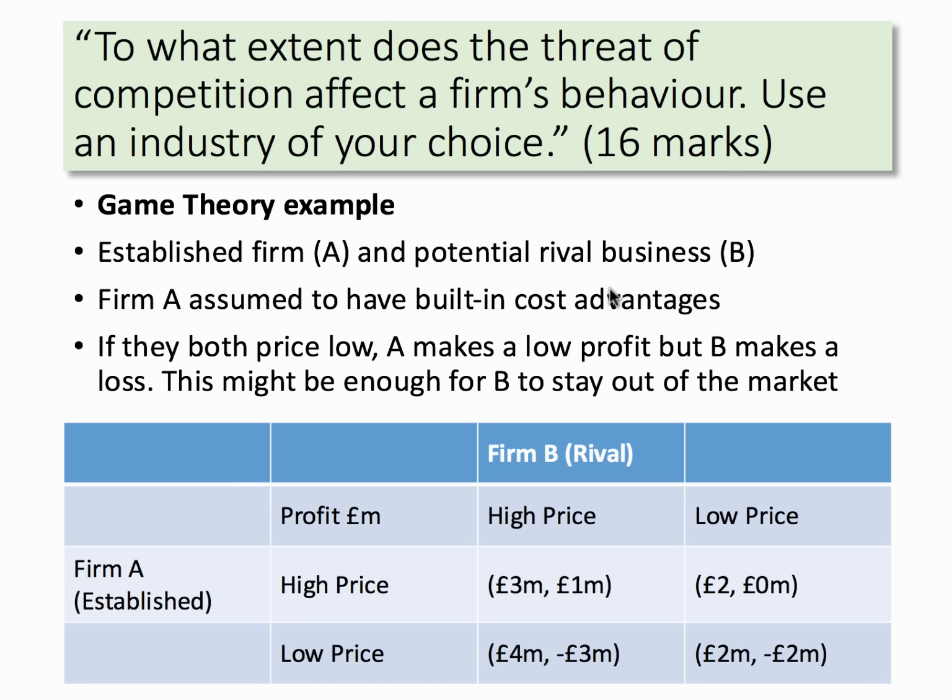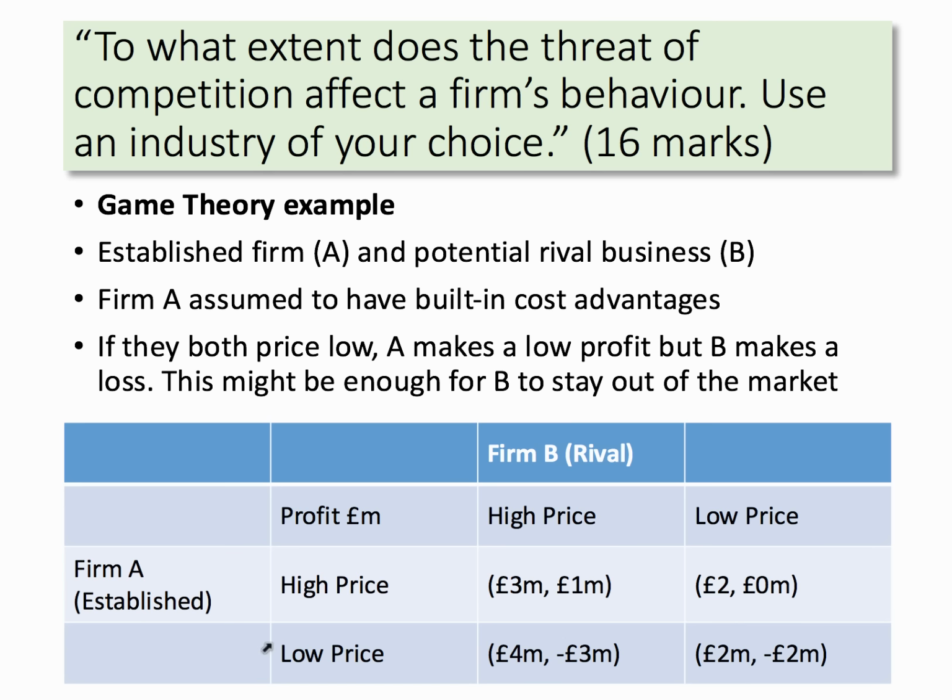So if they're both priced low in this market, A makes a low profit, but B makes a loss. A makes 2 million, B makes a loss of -2. And you can see here that the maximum profit that B can make is if they charge a high price and Firm A charges a high price. We end up here. But actually they could make a zero profit here, they could make a loss here.